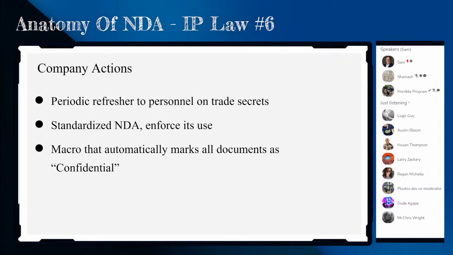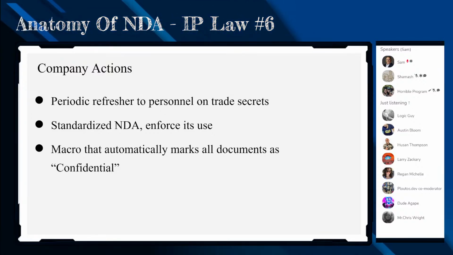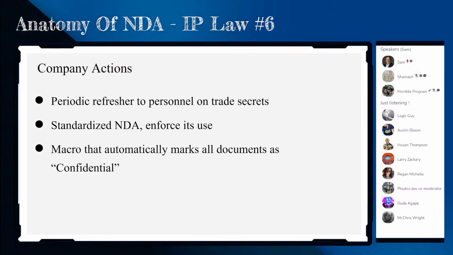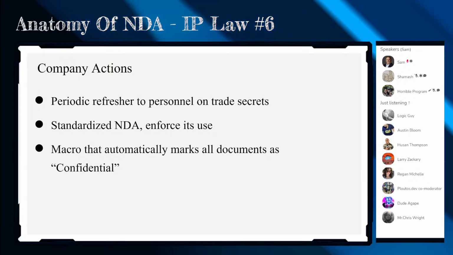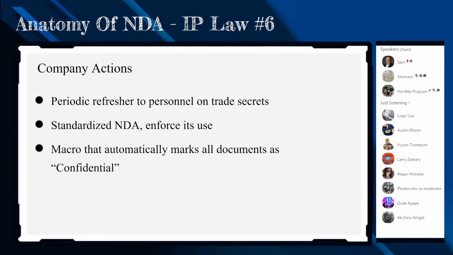Other company actions, you have to have periodic refreshers on trade secrets. Most companies do it once a year. That seems to be enough. Make your NDAs standardized. So basically what I do for my companies is you have an NDA that all they have to do is put in their name and put in the other guy's name and then sign it.